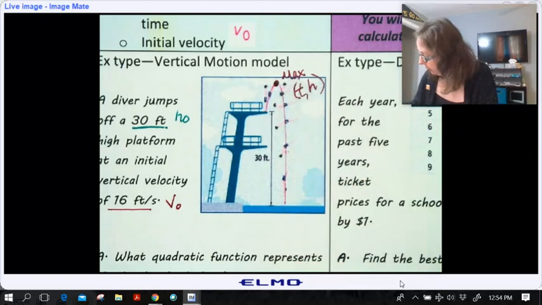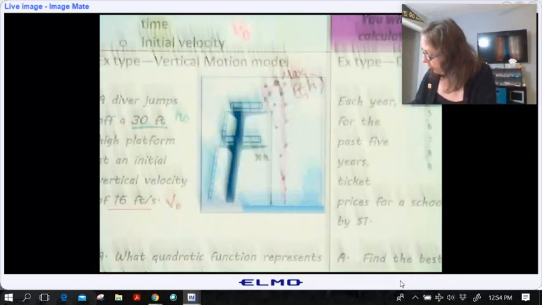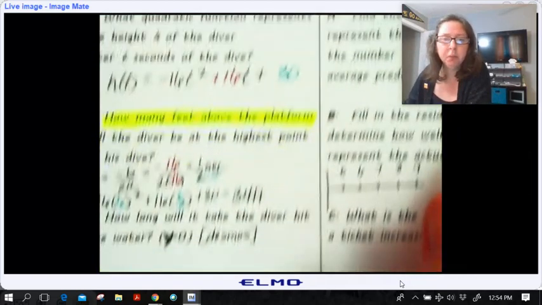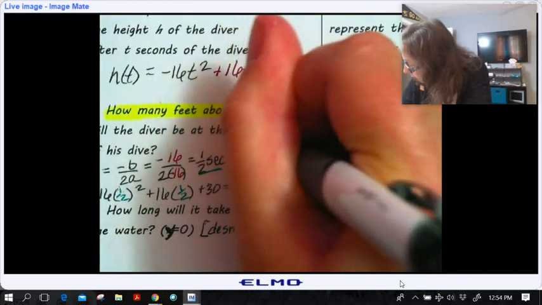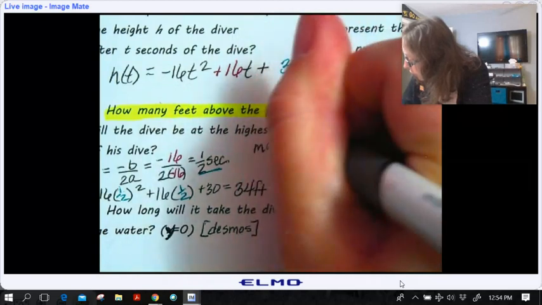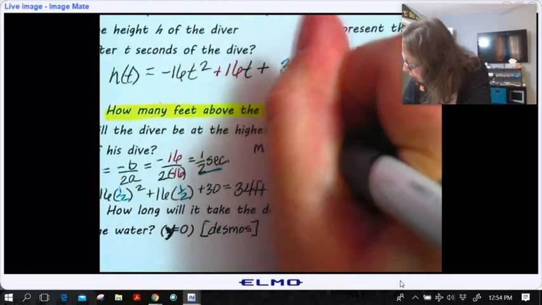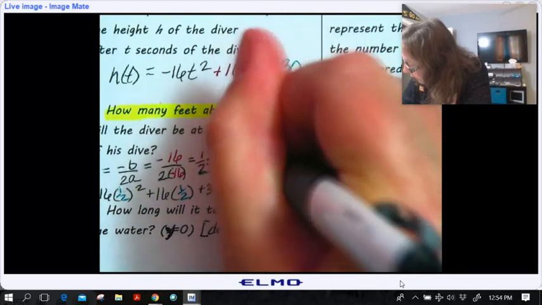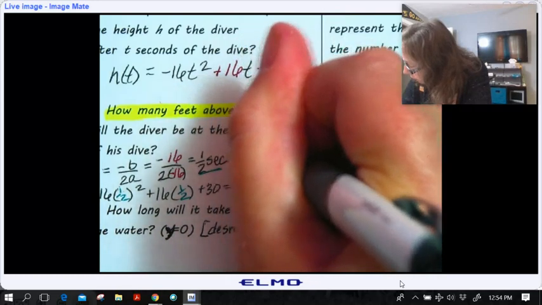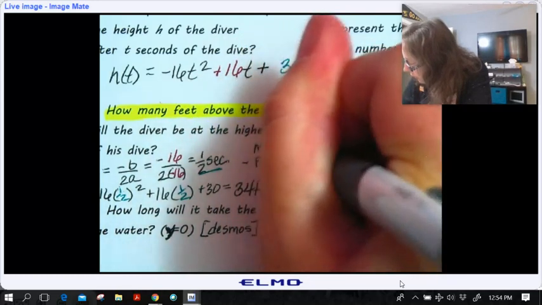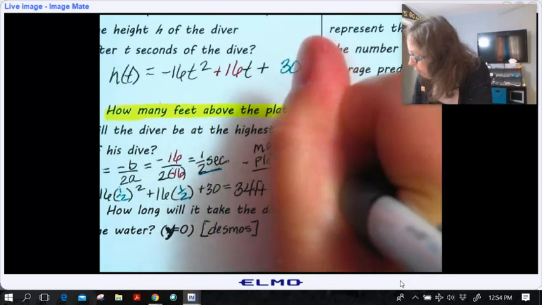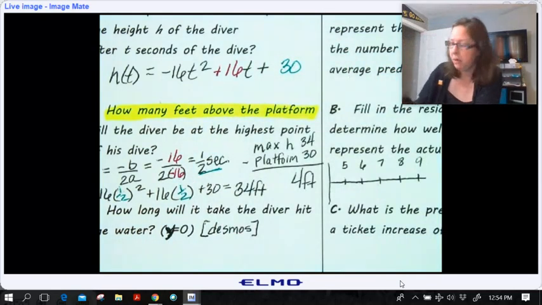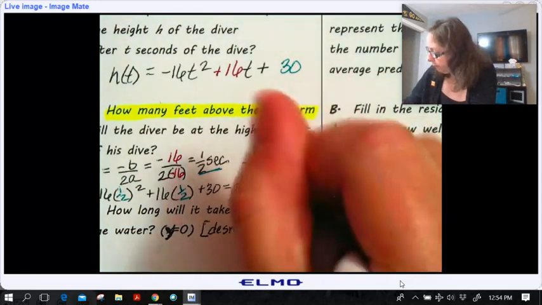So we would need to do the maximum height, which is 34, minus the platform, which is 30. And so the answer here would be 4 feet above the platform.